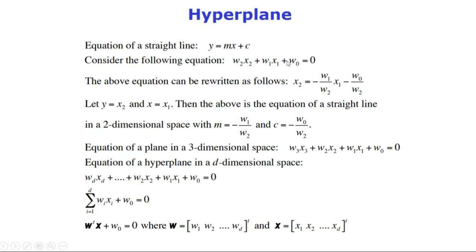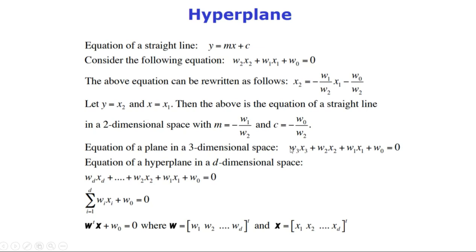If it is a two-dimensional space, the hyperplane becomes a straight line. You can see the similarity between the first equation and the third equation. Both are the same. If you rearrange the second equation, it will be exactly in the form of y is equal to mx plus c. So both these two are the same.